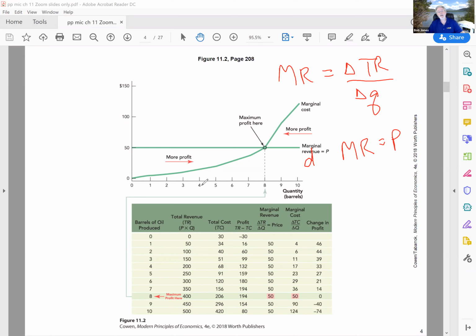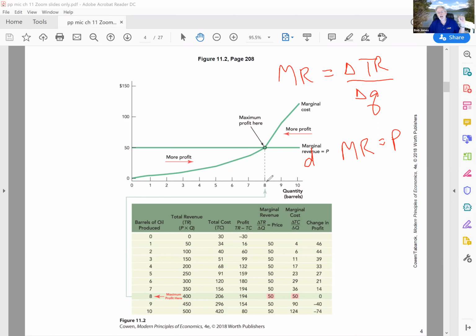And as he continues to expand, notice what's happening to marginal cost. It's getting higher and higher. Gets to the 7th unit, marginal revenue is 50, marginal cost is about 40, but his costs have gone up, but he's still making more profit on that 7th unit, so he wants to produce it.